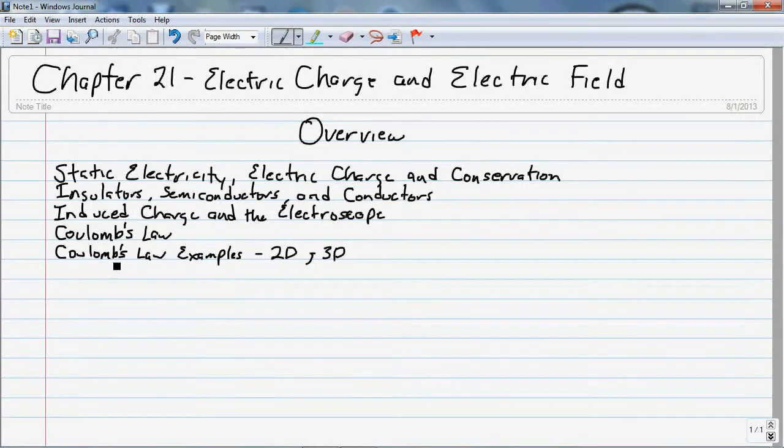Then we'll go through and look at the electric field. And we'll do an example.